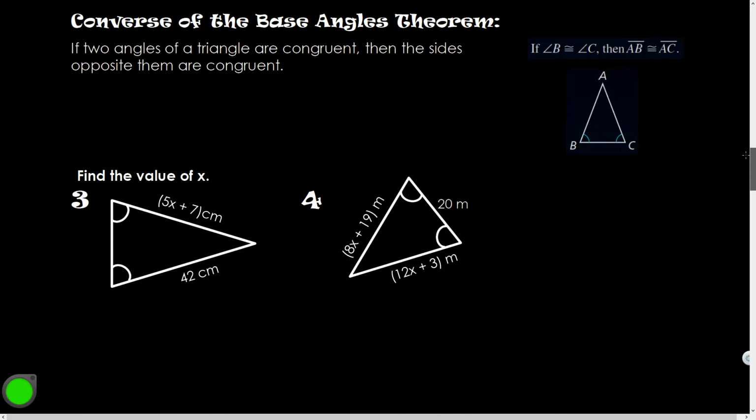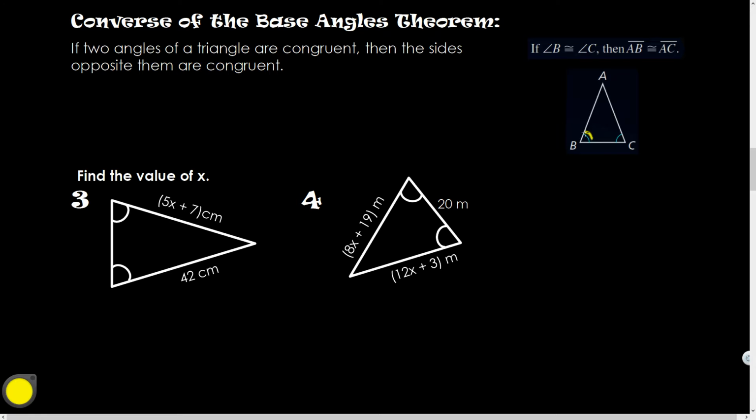What? Wait a minute. The base angles theorem is true in reverse? All right, so the converse means you swap the hypothesis and the conclusion of an if-then statement. The base angles theorem said if it is isosceles, then the base angles are congruent. Converse is going to be if two angles, right, base angles are congruent in a triangle, then the sides opposite them are congruent.